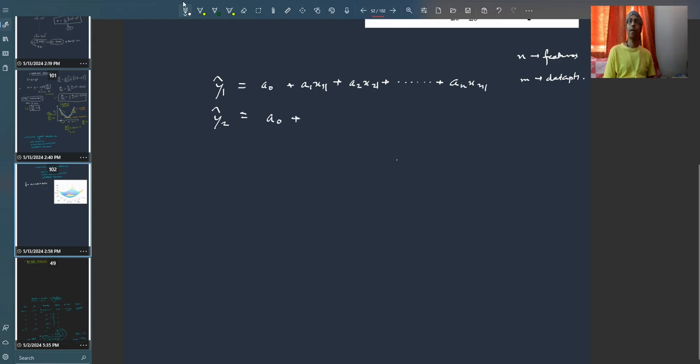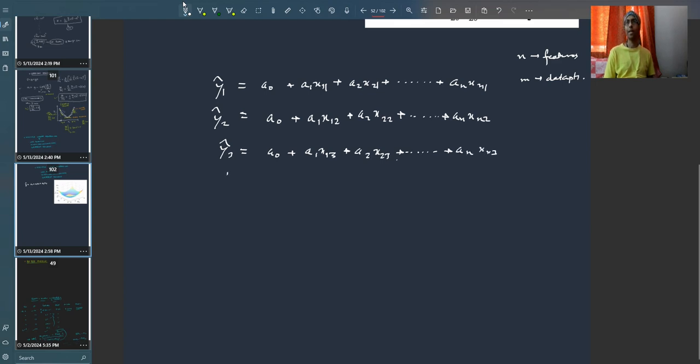y2 hat looks like this: a0 plus a1 x12 plus a2 x22 plus dot dot dot an xn2. y3 hat looks something like this, a0 plus a1 x13 plus a2 x23 plus dot dot dot plus an xn3.